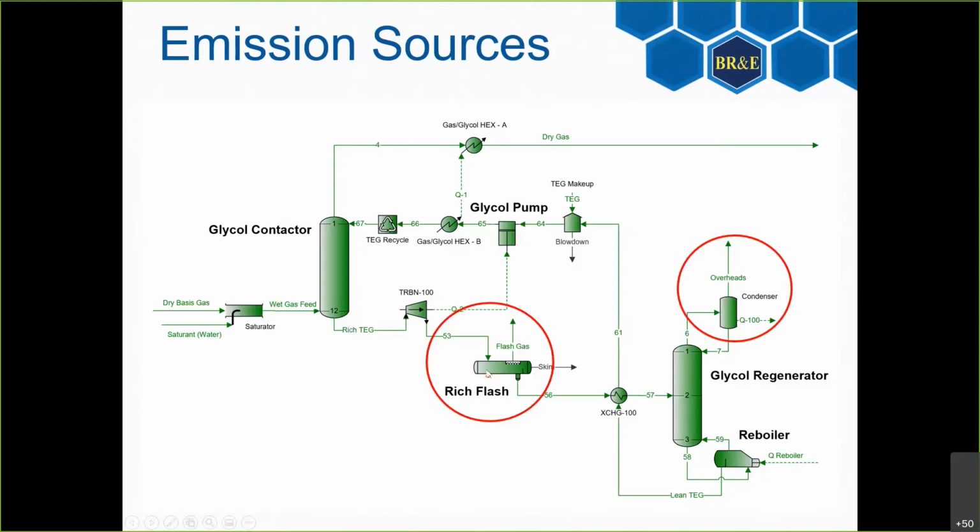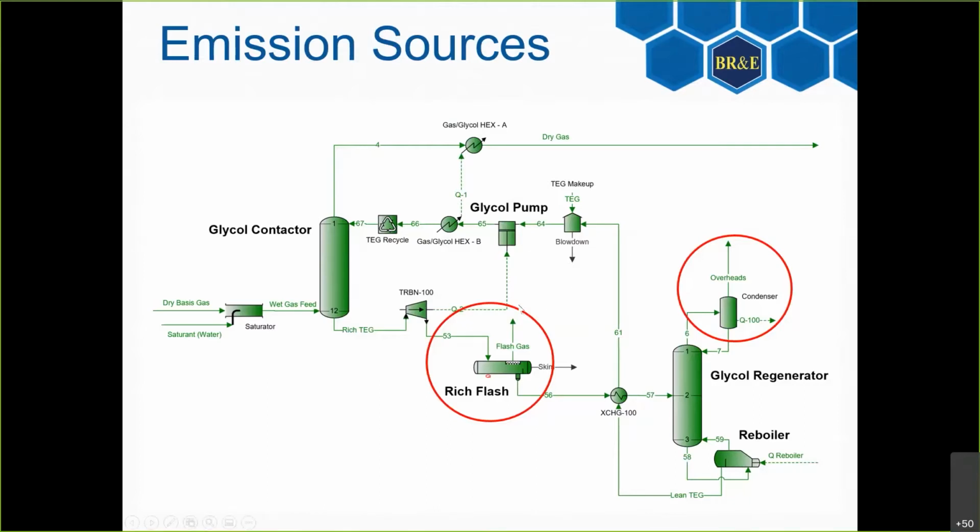And what happens is, as we reduce the pressure at our rich flash, lower the pressure even more in our regenerator, and increase the temperature, we're going to drive off a lot of these hydrocarbons. We need to estimate the levels of these hydrocarbons under steady state operation to make sure that we are properly permitted, and that if we're doing annual emissions inventory calculations, we're meeting our permit requirements.